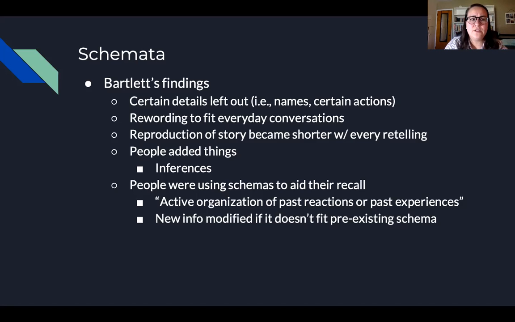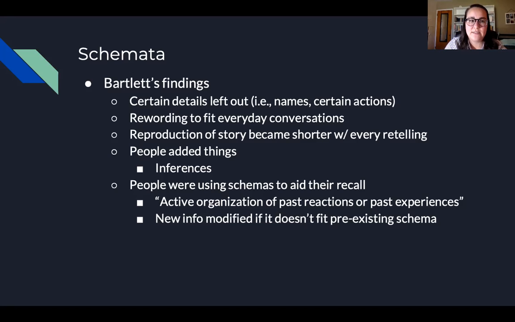And so to explain these patterns of findings, Bartlett came to suggest that his participants were engaged in a process called effort after meaning. So they were essentially trying to find a way to make meaning out of what they had heard after the fact. And so he had borrowed this term called a schema, and he applied it.